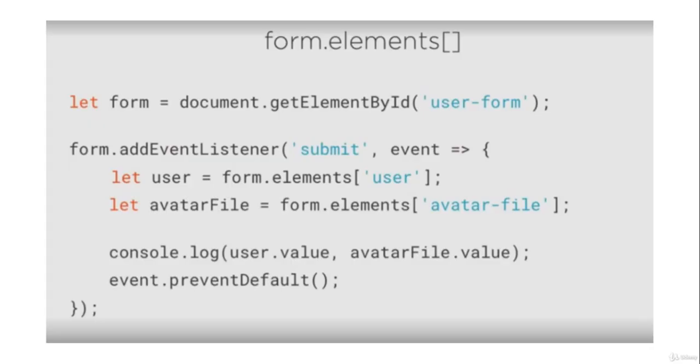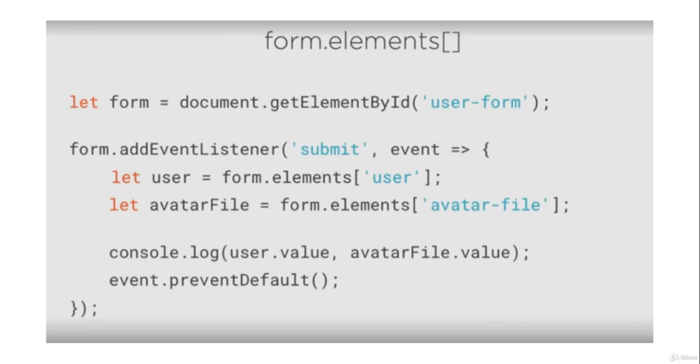On our form object there's a property called elements, and we can get access to each form control by using the form's name. So the name is user in this case, and the name is avatar file for our second input. And once we have these controls, we access the value property.